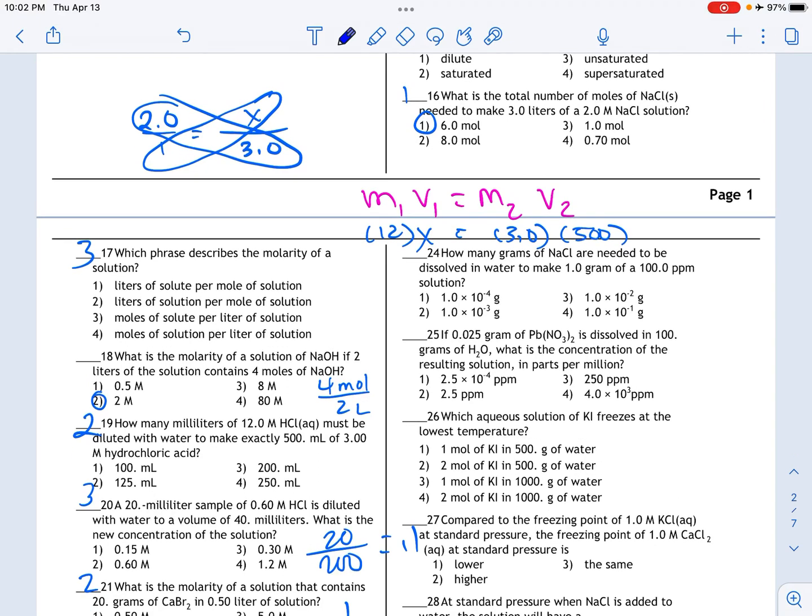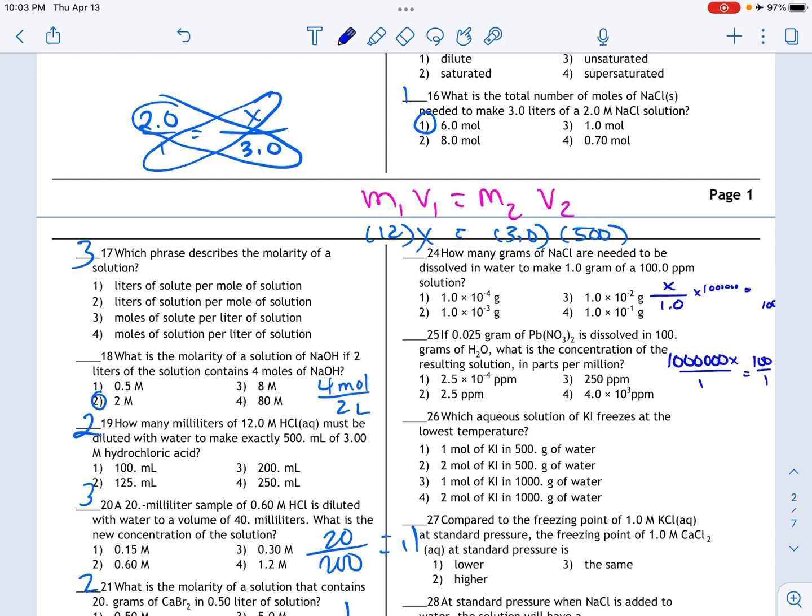How many grams of NaCl are needed to be dissolved to make 1 gram of a 100 parts per million solution? So now we don't know the mass of solute. We do know the total solution, times a million, equals 100. So this is 1 million x over 1 equals 100 over 1.